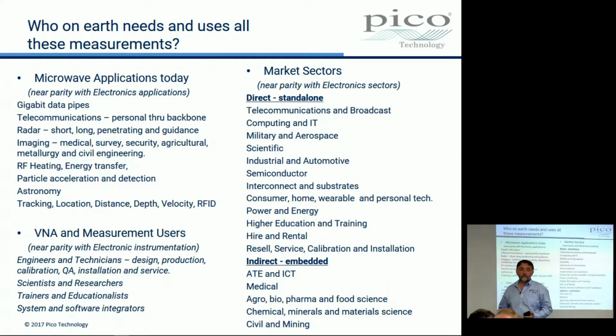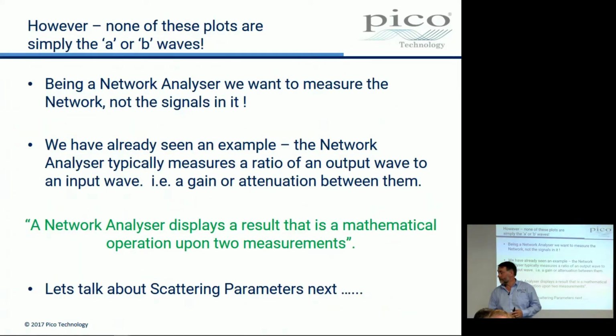Quick question, Mark, on the application. As we know with scopes, a large number of our customers build scopes into their kit and it becomes a part of the system. So is that just the same with VNAs as well? Yes, VNAs are quite regularly built in. VNAs are also called reflectometers.